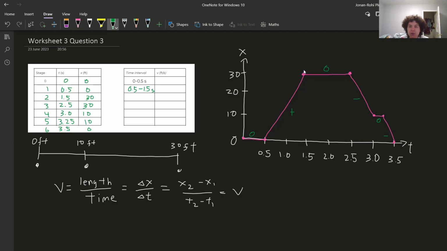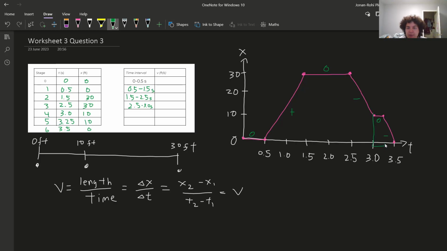The next interval is when the bird is stationary, so that's 1.5 to 2.5 seconds. The next interval is when the bird's moving to flower 2, which is the interval 2.5 to 3.0 seconds.